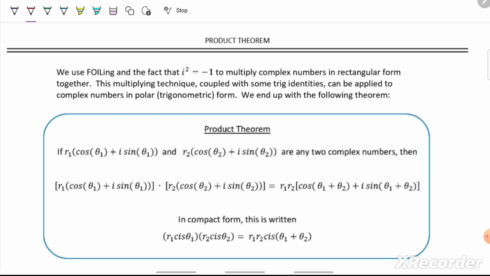If we want to multiply those two numbers together, all we do is multiply the two r's together, and they go out in front, and then we add our theta values together. In the compact form, r1 cis theta 1 times r2 cis theta 2 is equal to r1 times r2 cis of theta 1 plus theta 2.